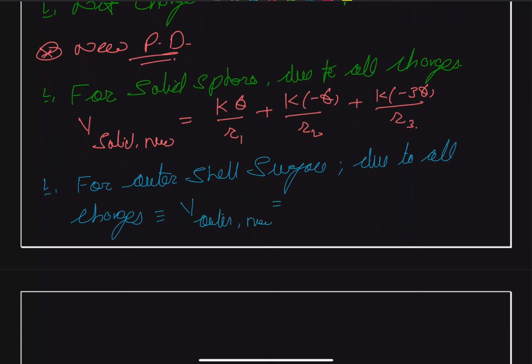Will be equal to kq upon r3 plus k minus q upon r3 plus k minus 3q upon r3. And here this kq and this cancels out. So we get this is equal to minus 3kq upon r3.